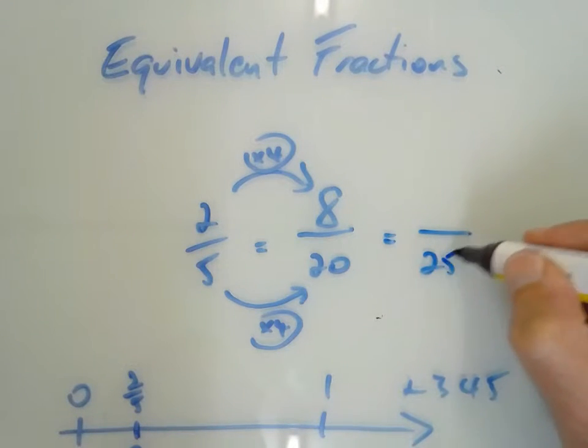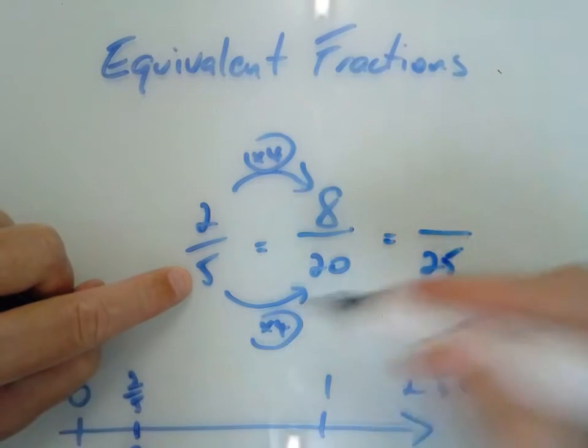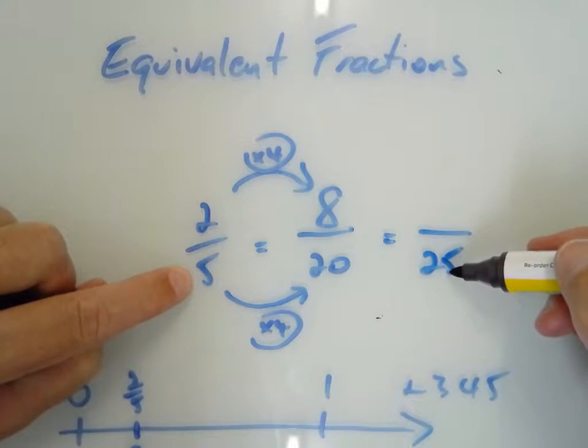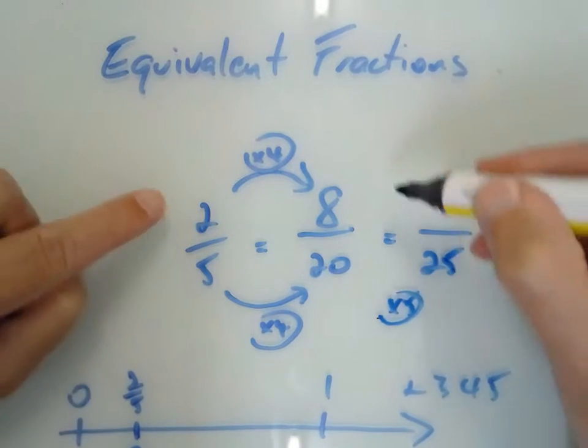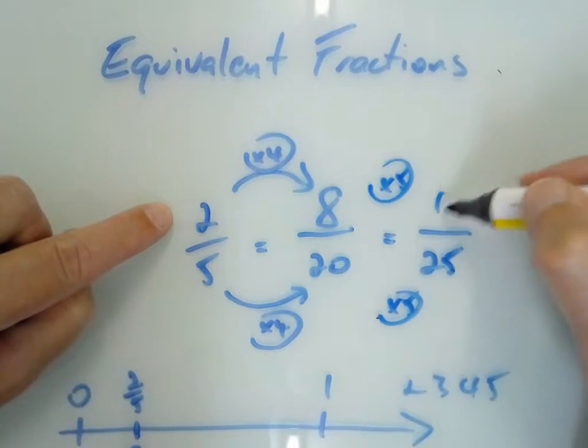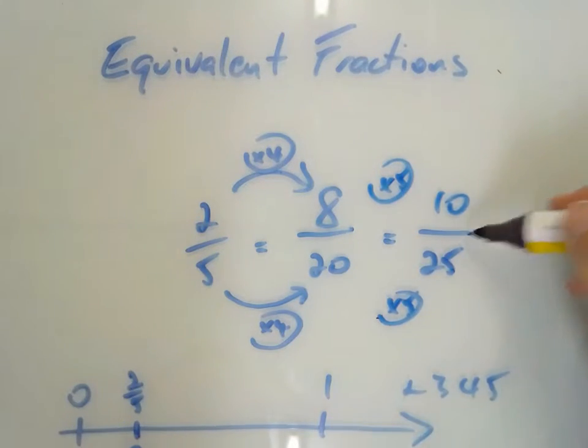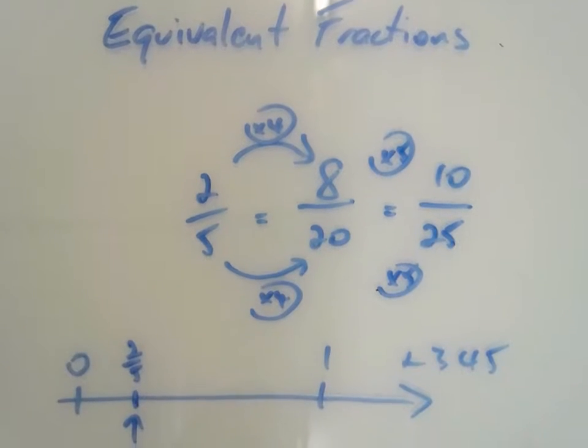Let's go 25ths. What am I doing to 5 to get 25? I'm multiplying by 5. What's 2 times 5? 10. Guess where 10/25 is on the number line? Excellent.